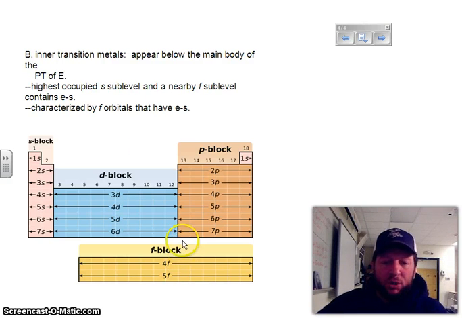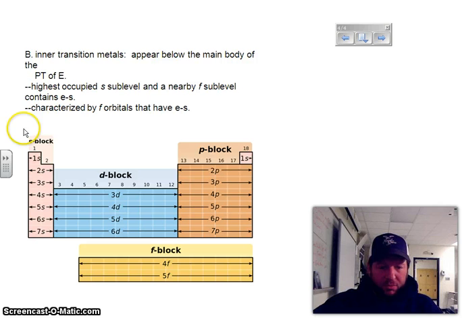If you look at the picture down here, we have the S block. Now here's the D block. So these are all the B elements. Now the inner transition metals appear below the body. Remember that group that I said was pulled out from somewhere over in here and put down below? They have F sublevels containing electrons.